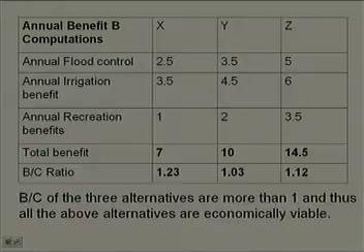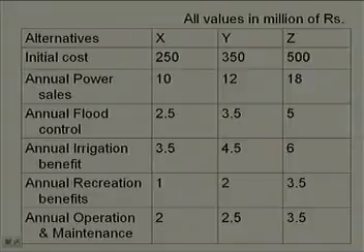Now, as I discussed some time back, for such cases you have to use incremental B by C analysis. If you see this particular slide, the initial cost for alternative X is 250.